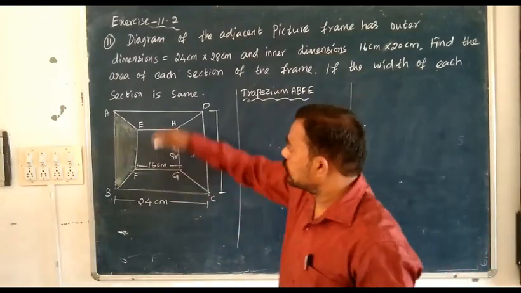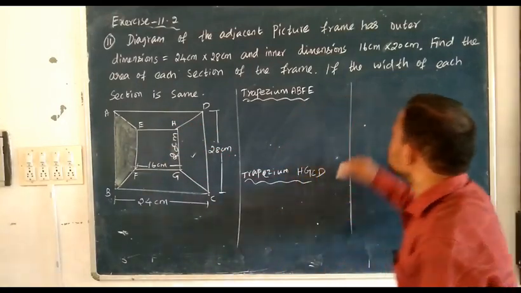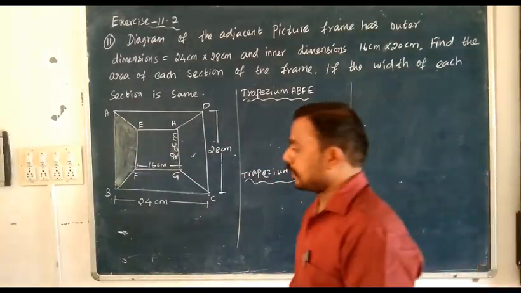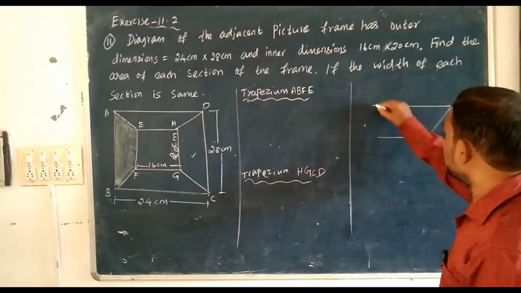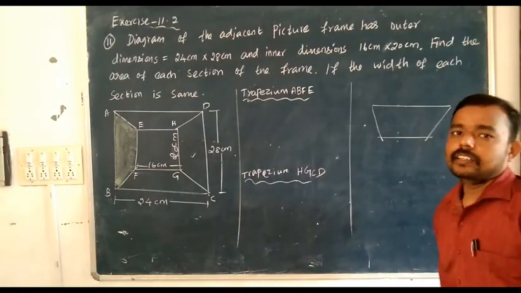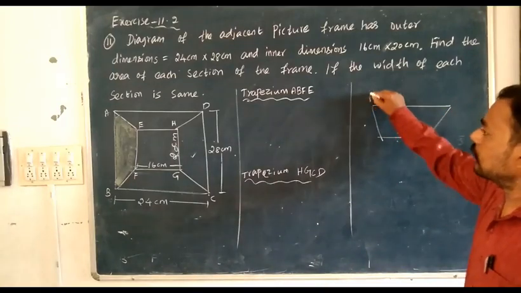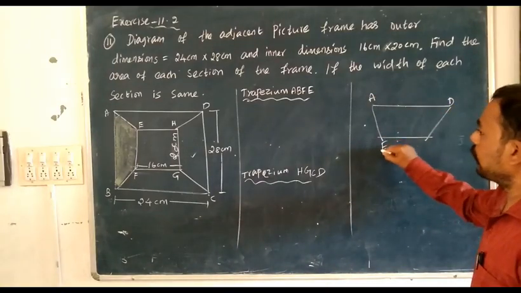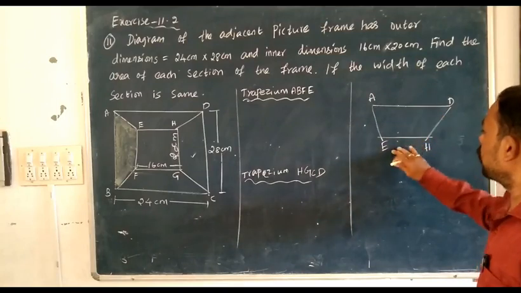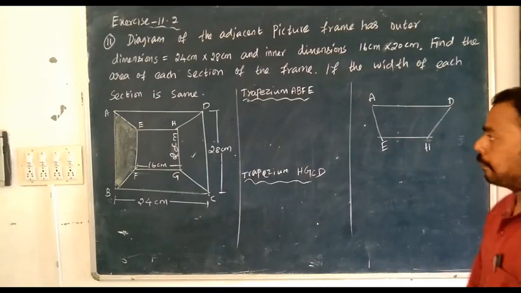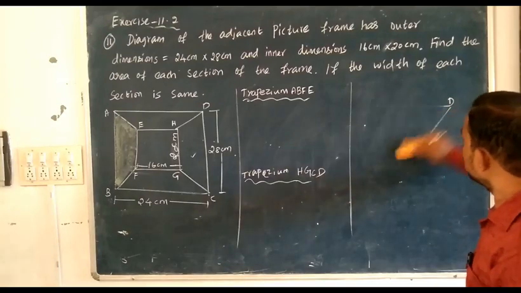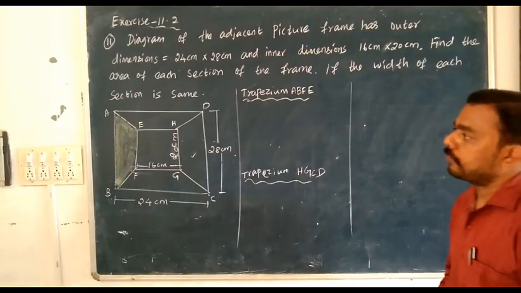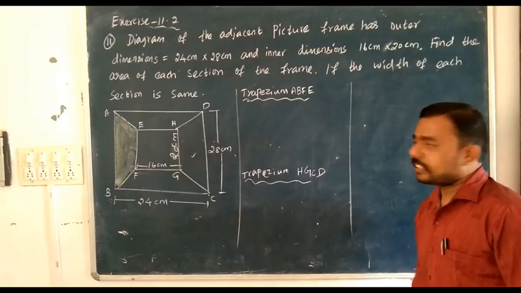Next, these two things also we consider as trapezium. Why? This one is a line, and this is also a line given to us. These two sides are parallel. So we can tell A, D, E, H, AD and AH are parallel. So this shape also is a trapezium shape. For that I am going to find the area of the trapezium.